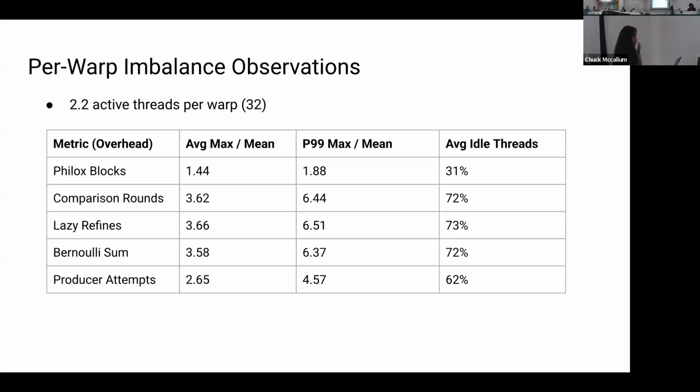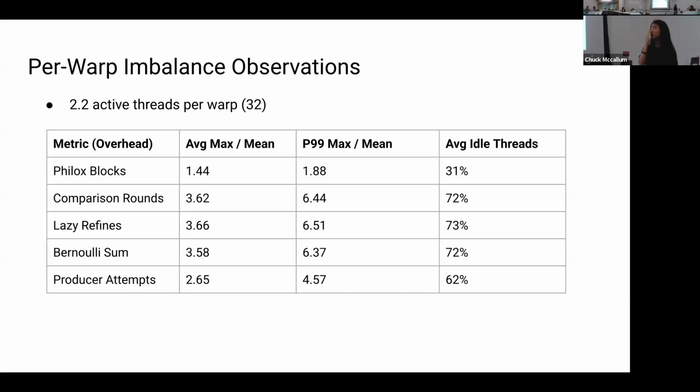Some of the observations after I did those experiments were to look at the imbalances happening per warp. I discovered that only 2 out of 32 threads per warp were active at a time, which is quite low occupancy. If we look at the overhead factor, we can take the ratio of the maximum time it takes for a thread within a warp to execute over the average workload for a thread.